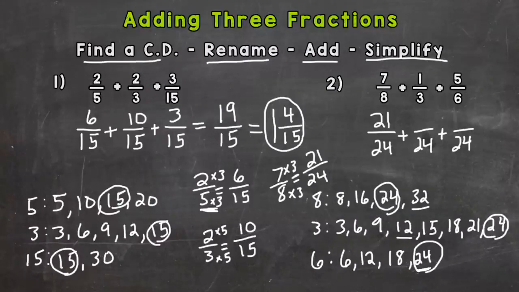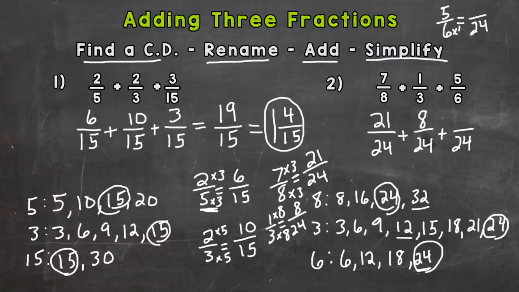Let's do 1/3. 1/3 equals how many 24ths? Well, 3 times 8 is 24. 1 times 8 is 8. So 1/3 is equivalent to 8 24ths. And lastly, I'll do 5/6 up at the top. 5 out of 6 equals how many 24ths?